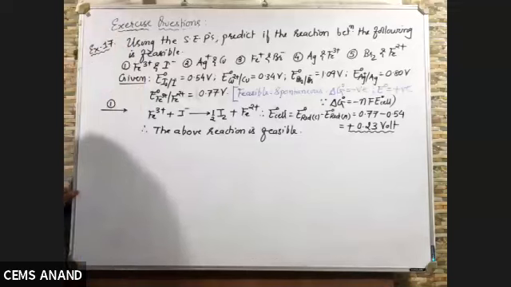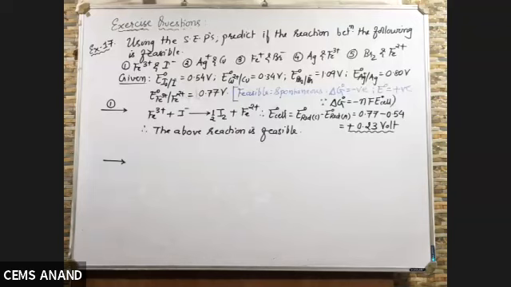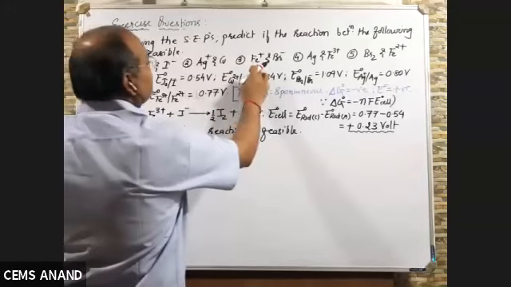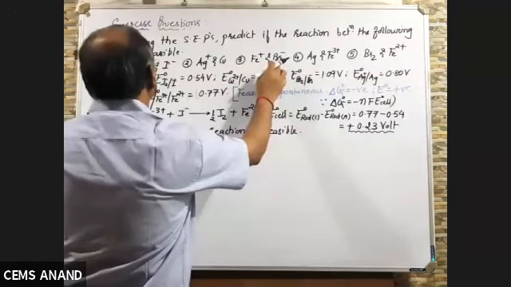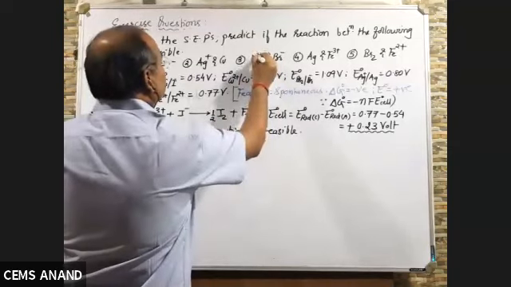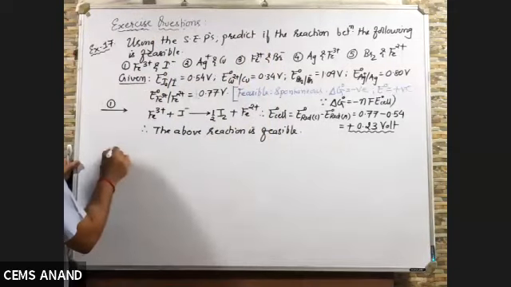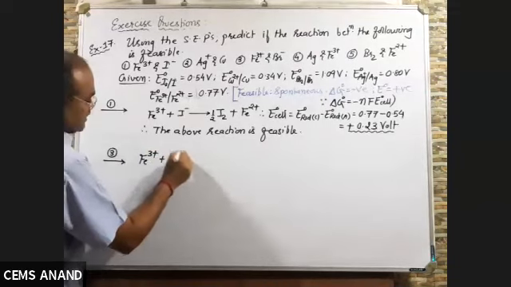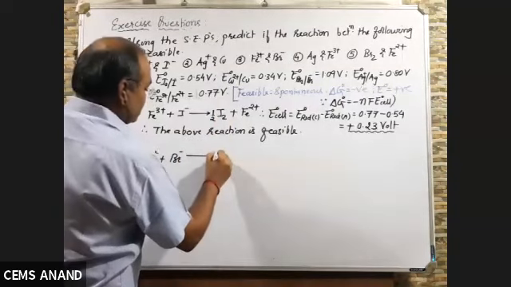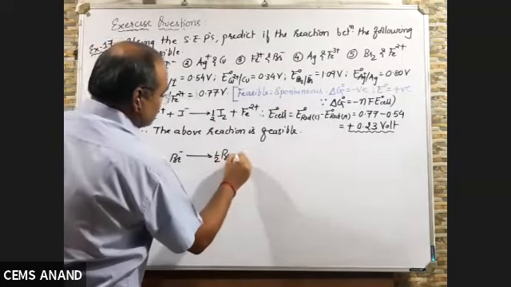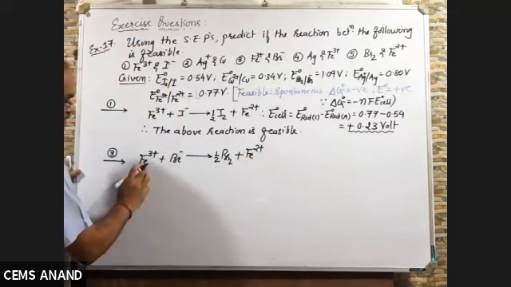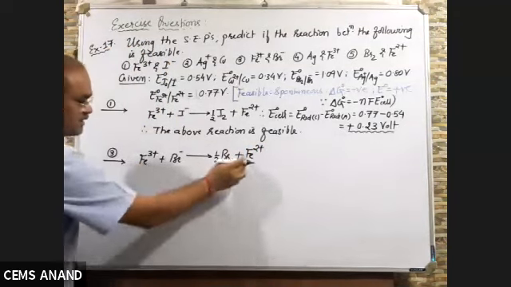So in this way you can find out. I'll take one more example. We'll take the third one with Fe and Br-. Here also it will be Fe3+ only. So the third one is Fe3+ plus Br- gives half Br2 plus Fe2+. Now, Fe3+ is undergoing reduction.